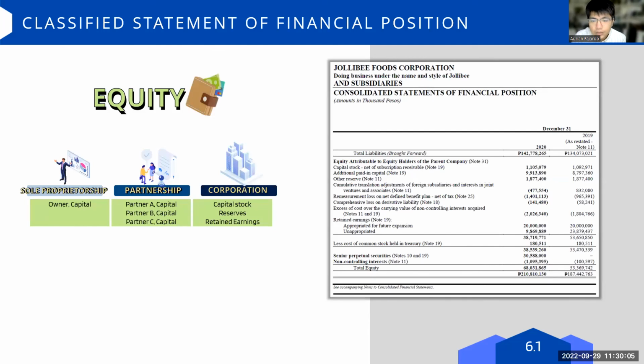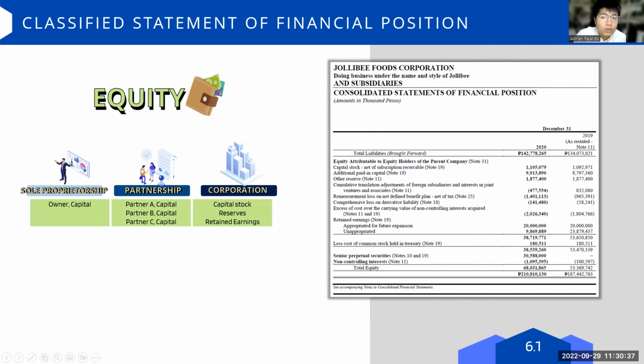Finally, for equity, if you look at JFC's equity, you'd be like, parang wala siyang Jollibee capital or Jollibee drawings. Pero right now, it's more complex. They have capital stock, they have retained earnings, all of the things that we haven't discussed. So kindly take note that in 99.1, to make everything much easier, we're looking at it from the lens of a sole proprietorship, right?